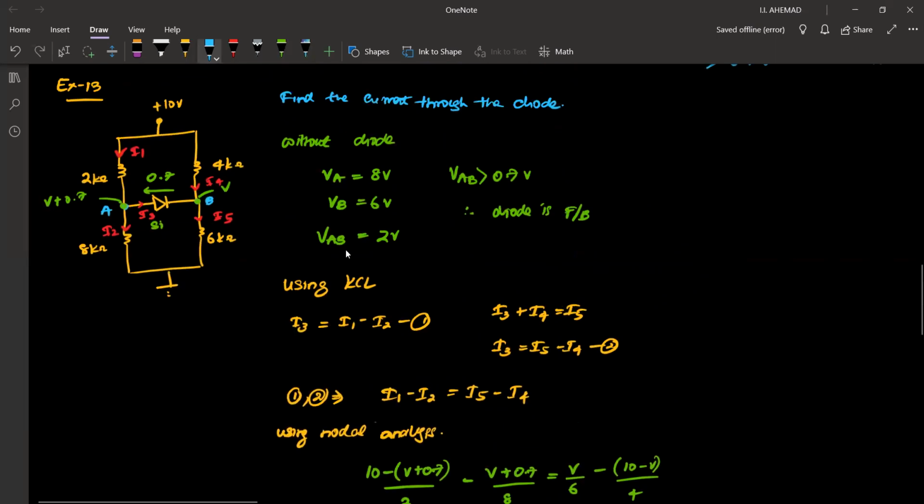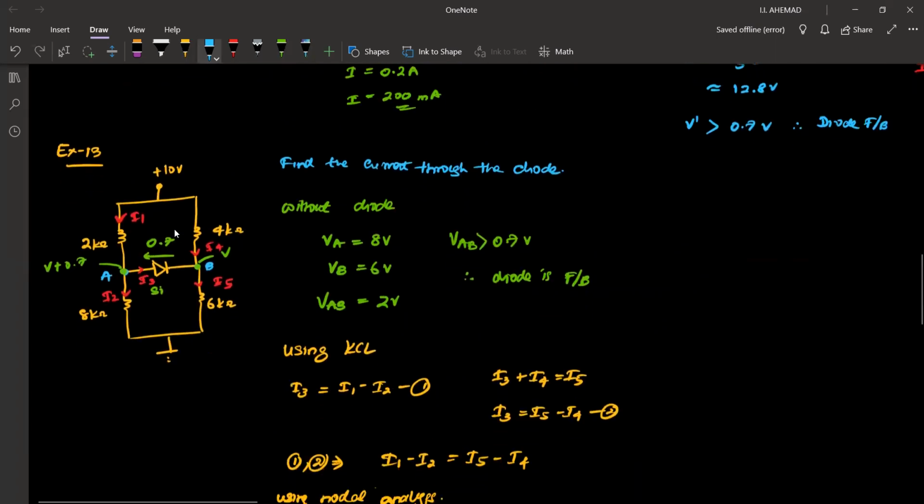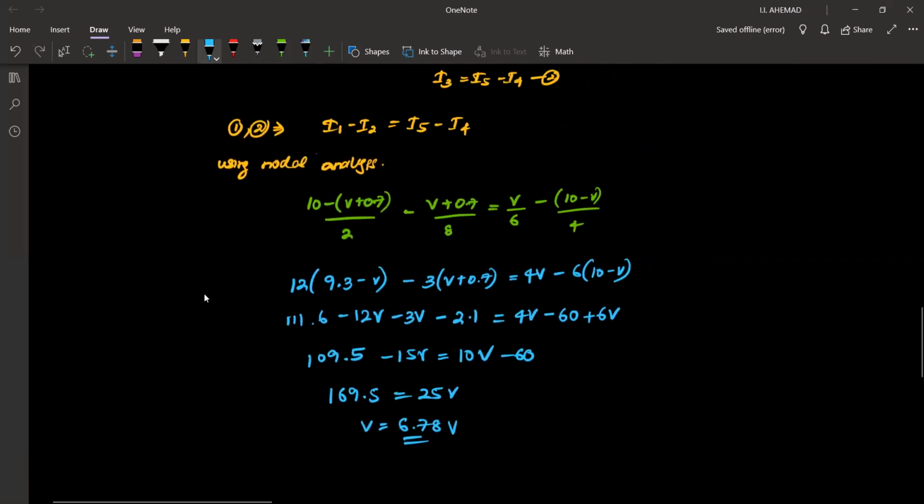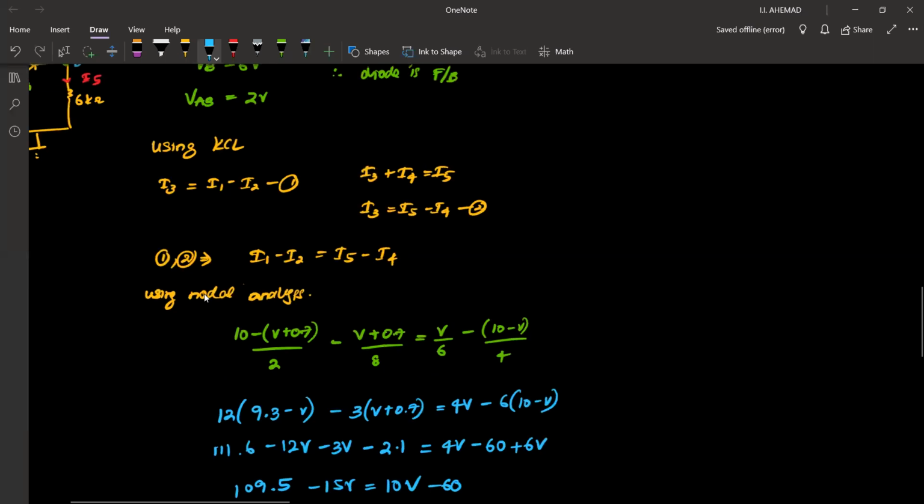So now you know the voltage. As you know the voltage, now you can find the currents I1 and I2 and find what is I3.